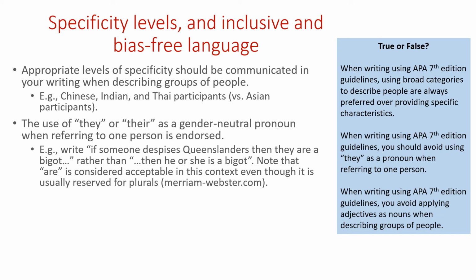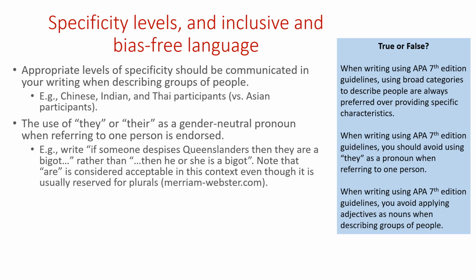What we wouldn't say, which we might have said in the past, is if someone despises Queenslanders, then he or she is a bigot. The issue with using he or she is that, of course, there are some people out there who neither identify with he or she.